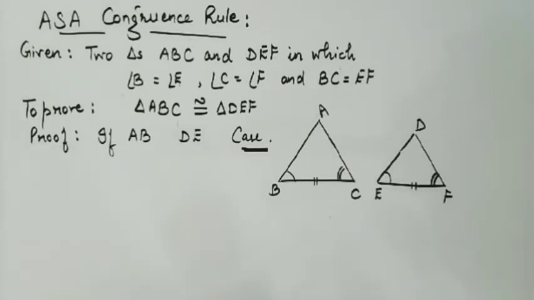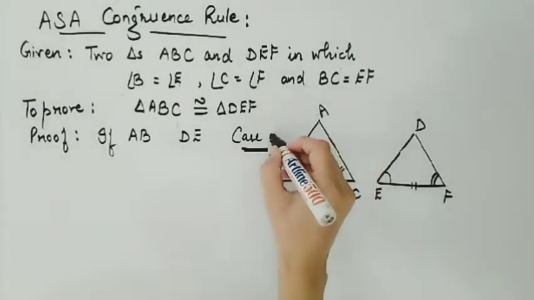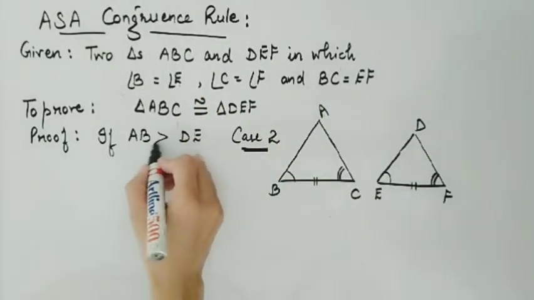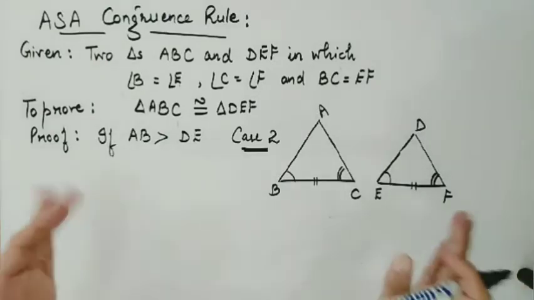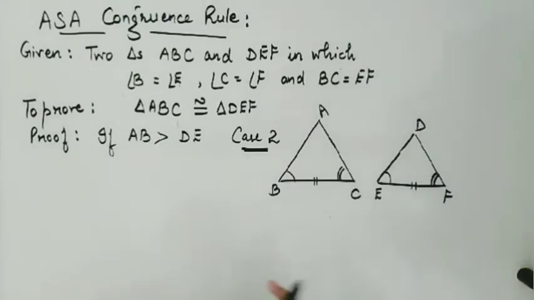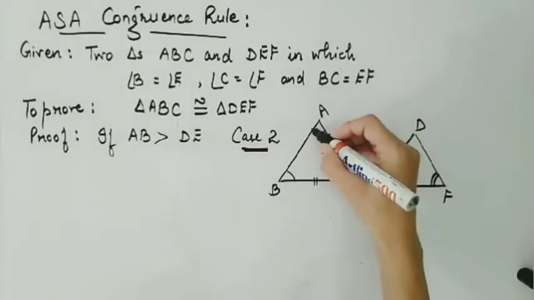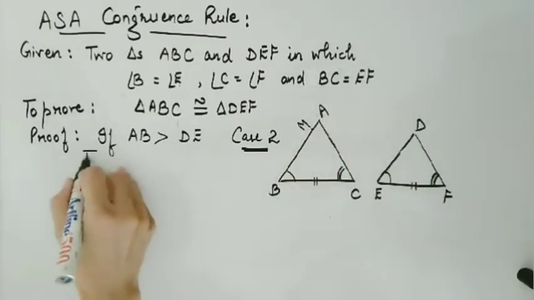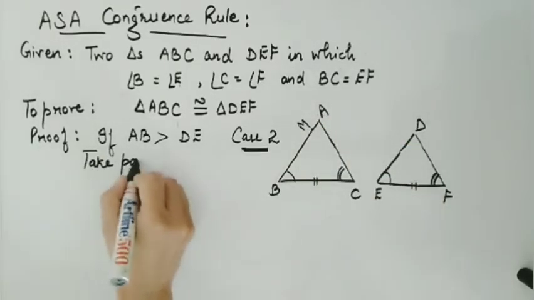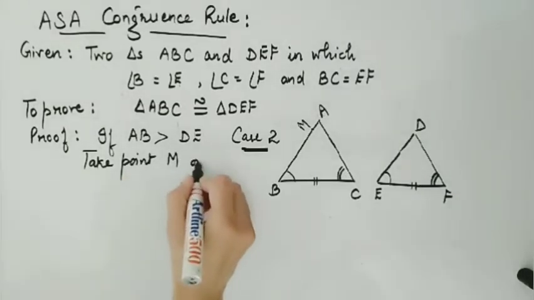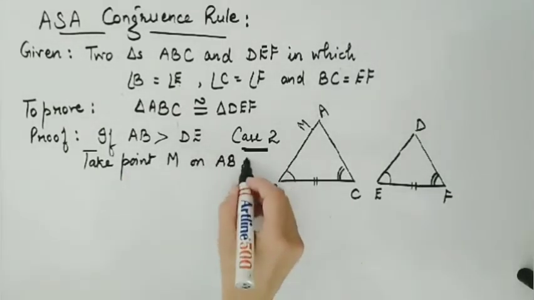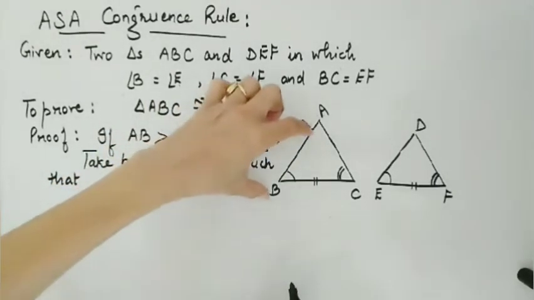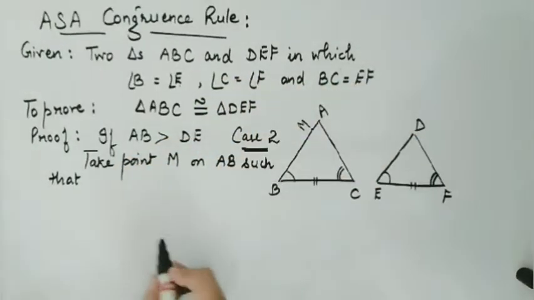Then we have case number 2, which is if AB is larger than DE. If AB is greater than DE, what would happen and how would we prove this case? We'll be taking a point. Let me mark this point as M. Taking point M on AB such that MB is equal to DE.